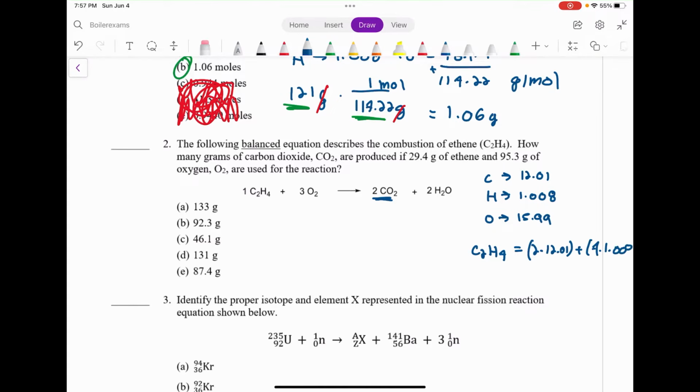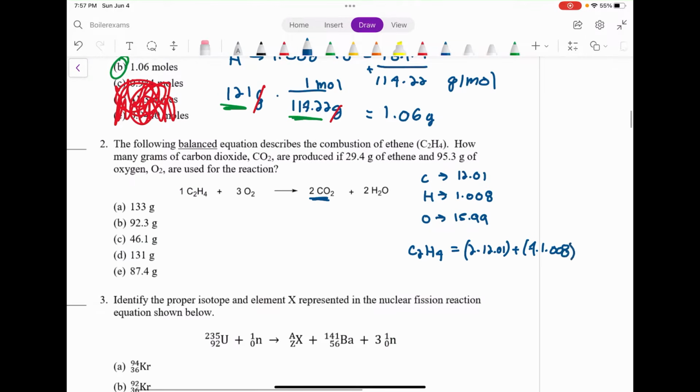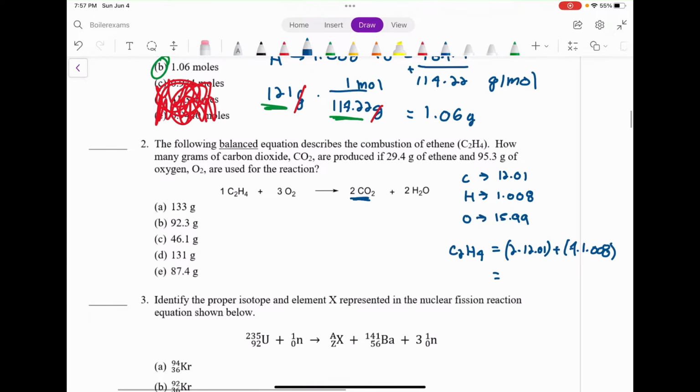Oh god, run out of room. Okay, which is 28.052.